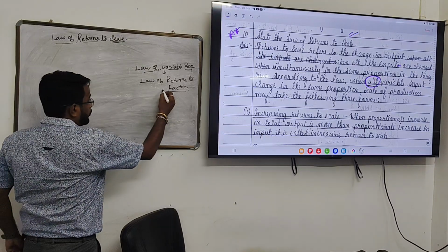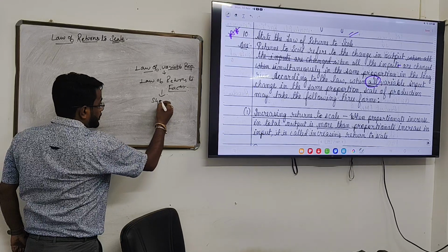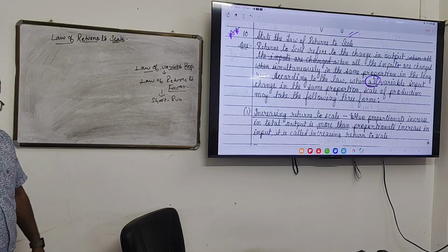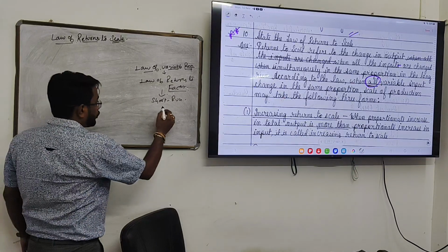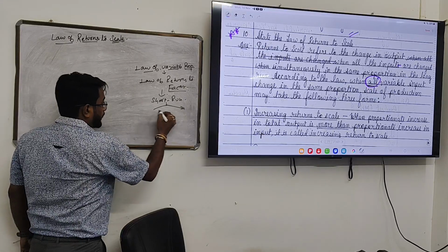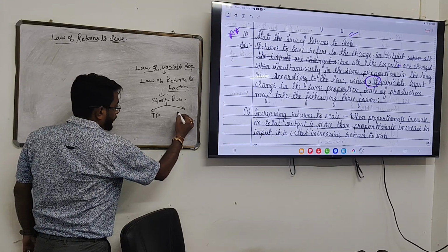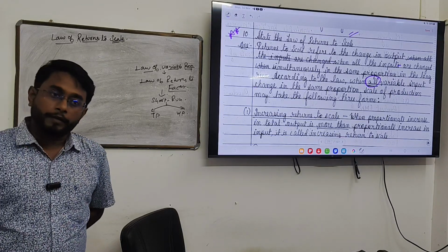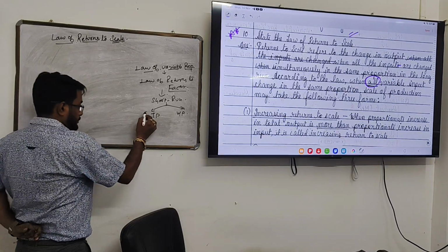Now the law of returns to factor is applicable in the short run. And this law is showing us the relation between total product and marginal product, if we can remember.